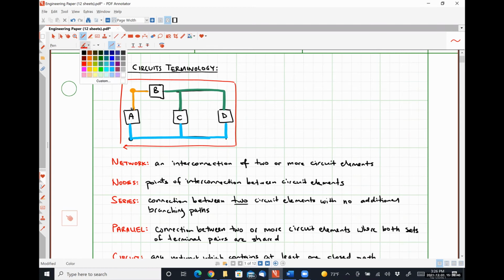Now, what's your name, sir? Norman. When you answered the question and said 2, I would be willing to bet that you were considering this loop and this loop. Is that a fair guess into the inner workings of your mind, if you will? Okay. Those two loops that don't contain any smaller loops are what are called meshes.